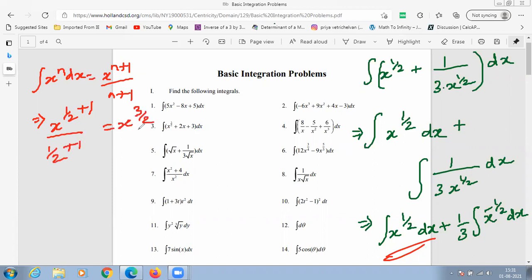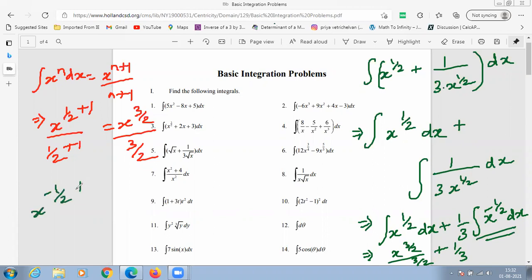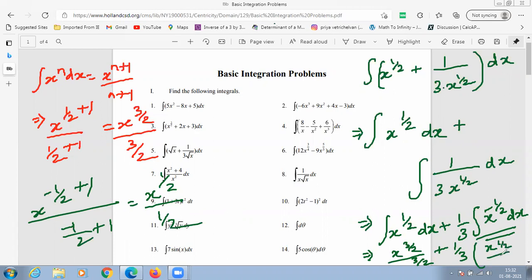So x power 3 by 2 divided by 3 by 2, plus 1 by 3. Again, when you integrate x power minus 1 by 2, you will increase its power by 1 again. So x power minus 1 by 2 plus 1 will be 1 by 2, upon 1 by 2. So it's x power 1 by 2 upon 1 by 2.